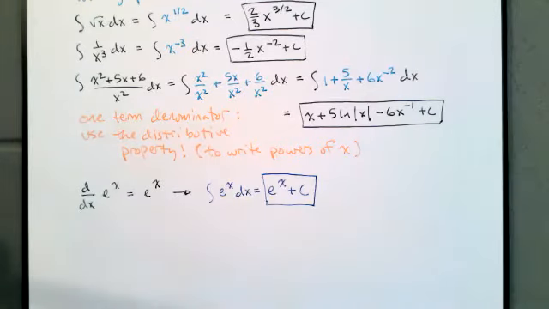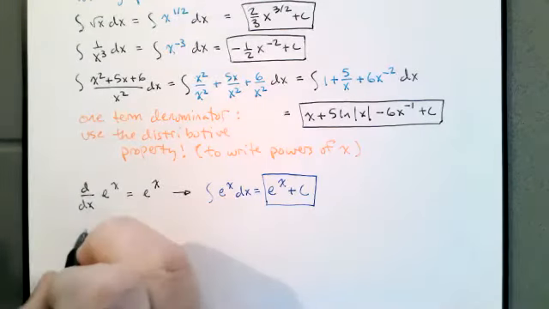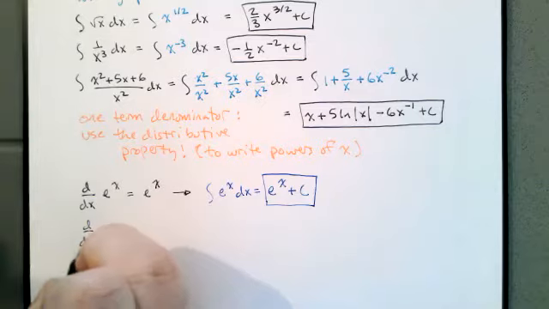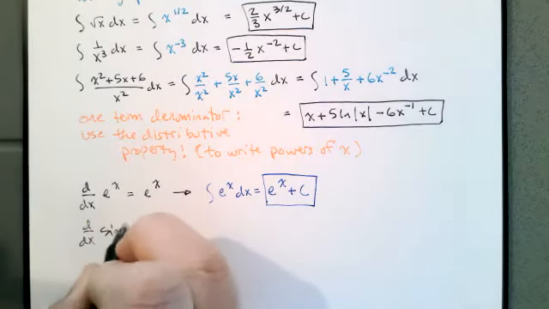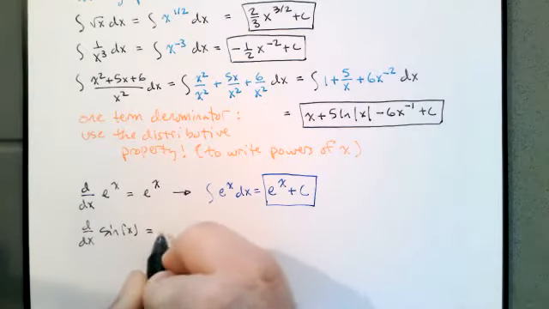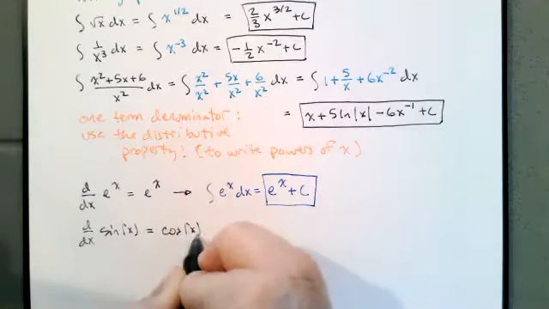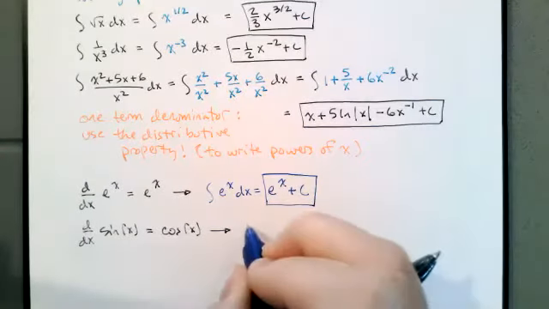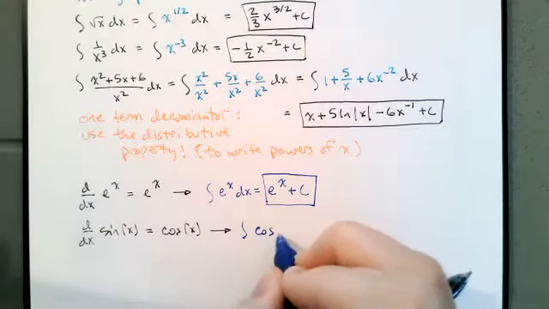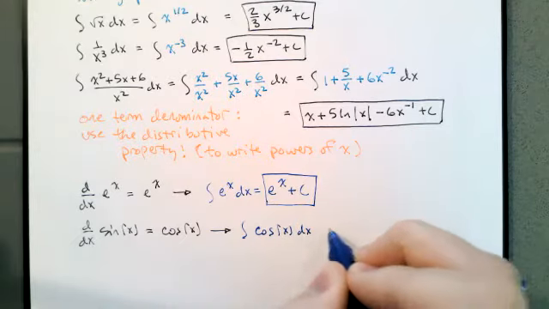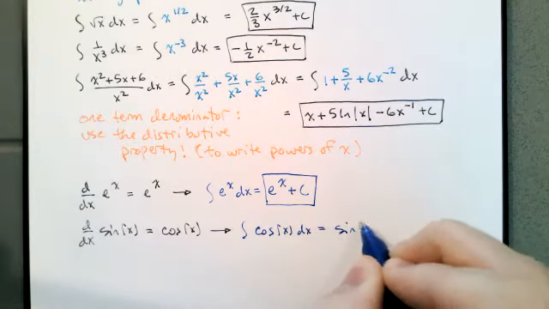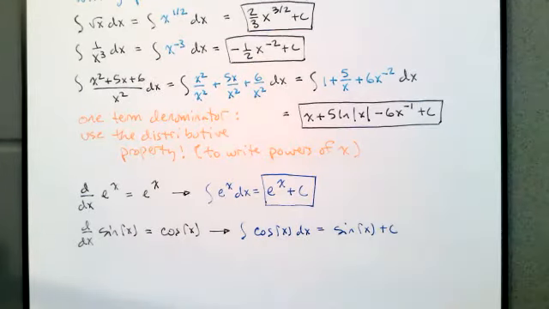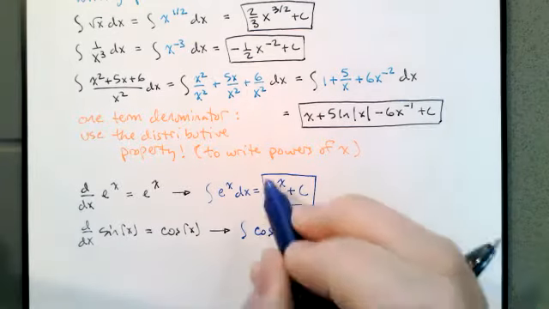Other important ones. We know that the derivative of sine is cosine. And so this tells us that the integral of cosine is sine plus c. Actually, I shouldn't just box this part.